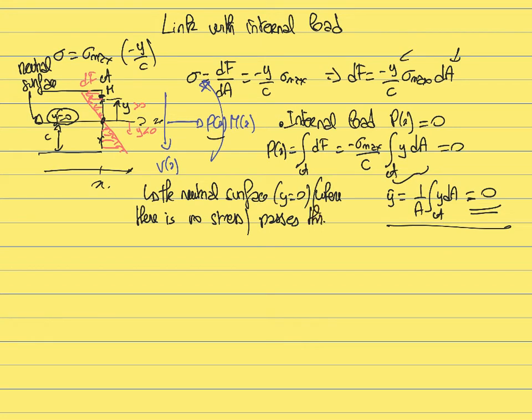If you want to know where this neutral surface is, it passes through the centroid of the cross section.